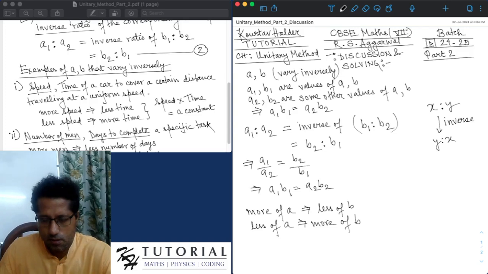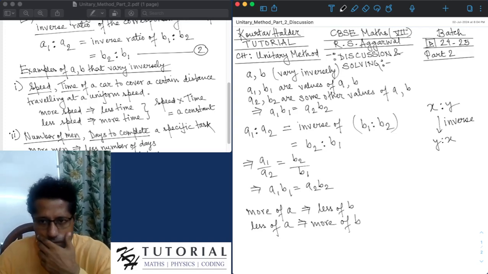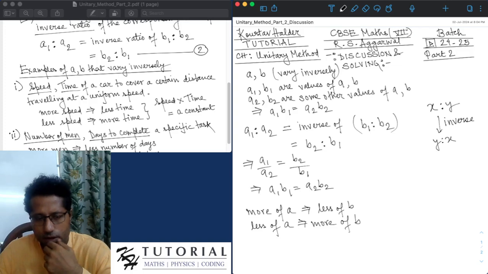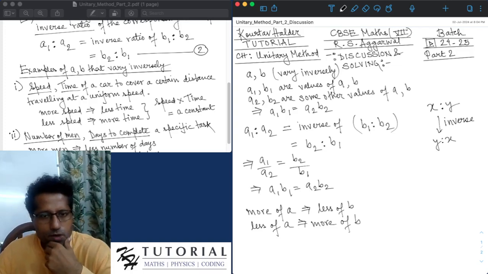So this is the concept. Speed and time of a car covering a certain distance and running at a uniform speed is an example where speed and time vary inversely.